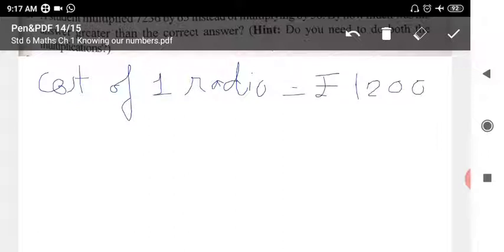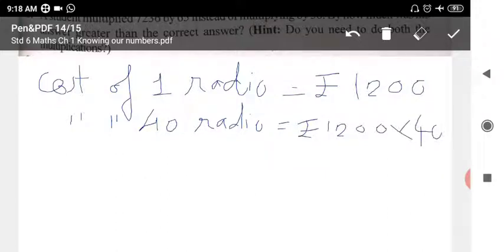This is the cost of one radio set. So the cost of 40 radio sets is equal to, first, how much we have to find. It means for 40 radios we have to multiply this 1200 by 40. Clear? So we'll get the cost of 40 radios. When we multiply 1200 by 40, we get the answer as rupees 48,000. How? Let's see here.